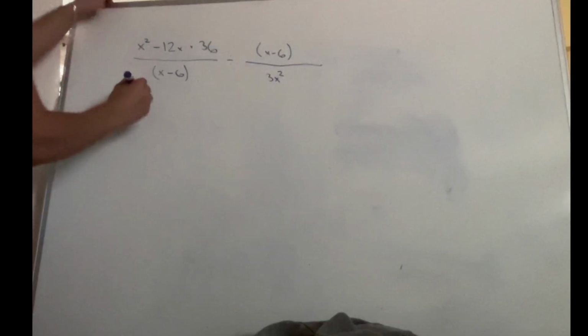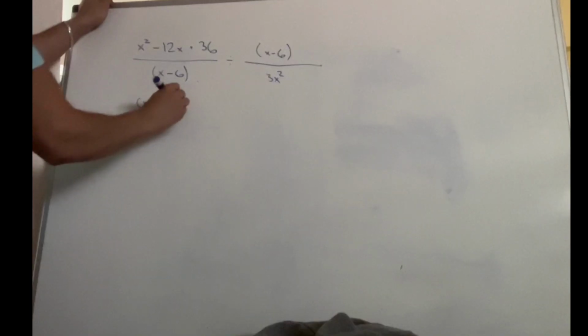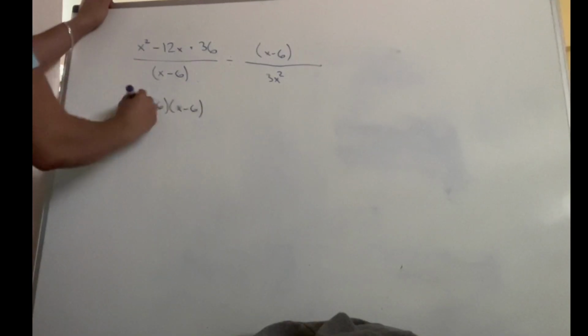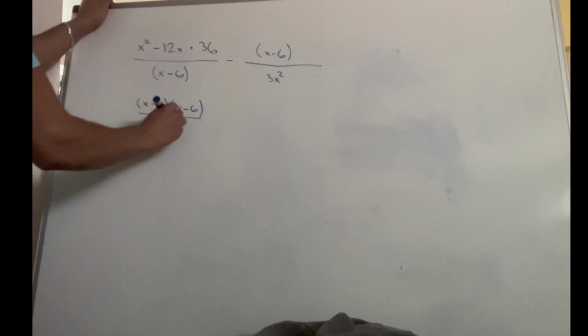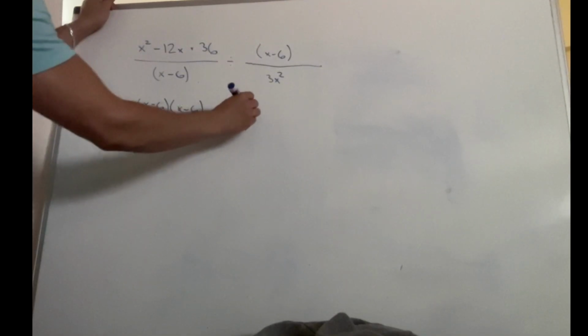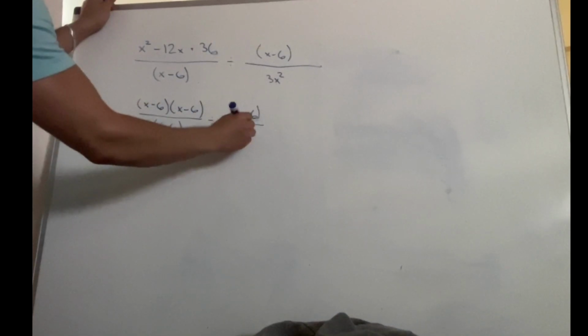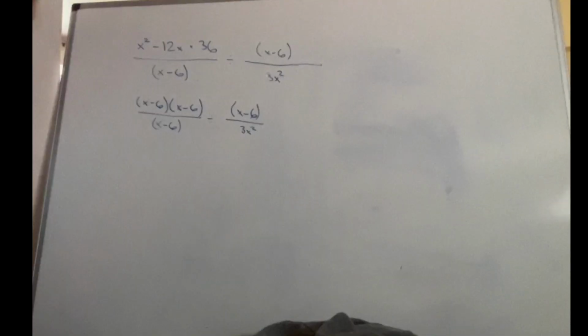We could rewrite this as x minus 6 over x minus 6 divided by x minus 6 over 3x squared. Okay.